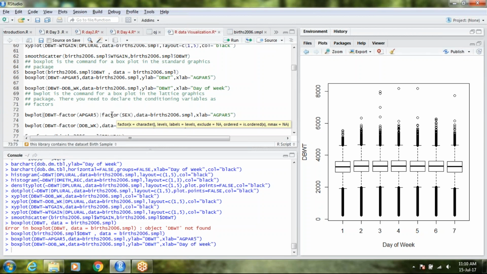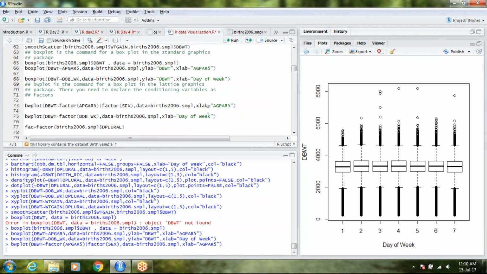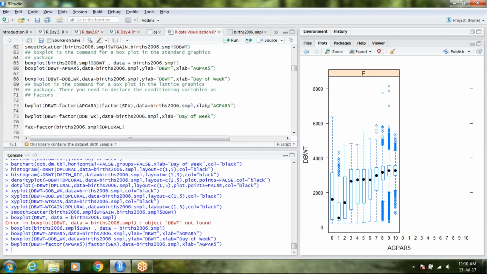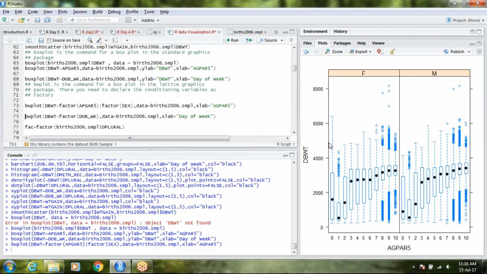That is one of the facilities that I have in BW plot. So let's run this and see. So here this factor was there, but at the same time it has segregated on the basis of gender. That is one of the major features available for BW plot.